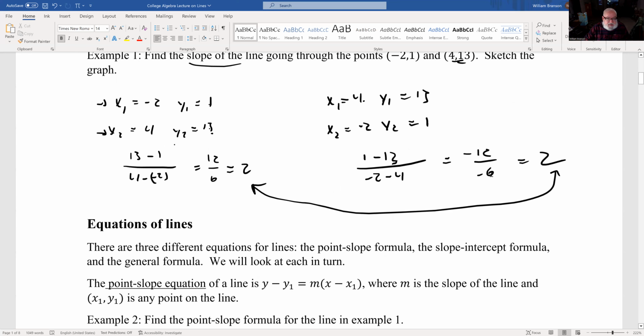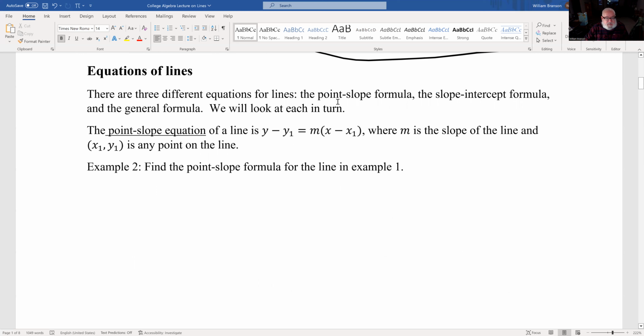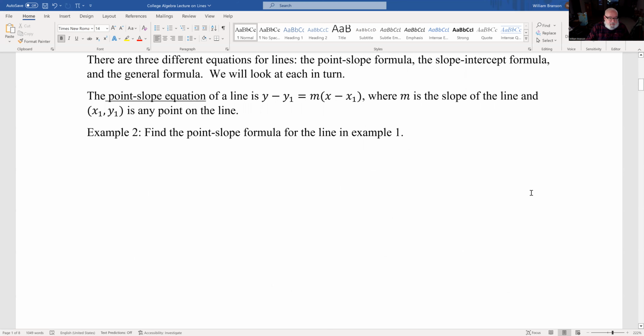So equations of lines, generally there's 3 different equations for lines. One is the point slope formula, one is the slope intercept formula, and one is the general formula. The point slope equation is this, and this basically comes straight out of the slope equation.